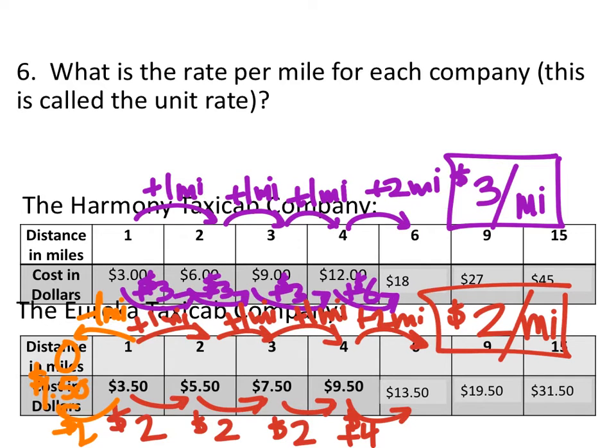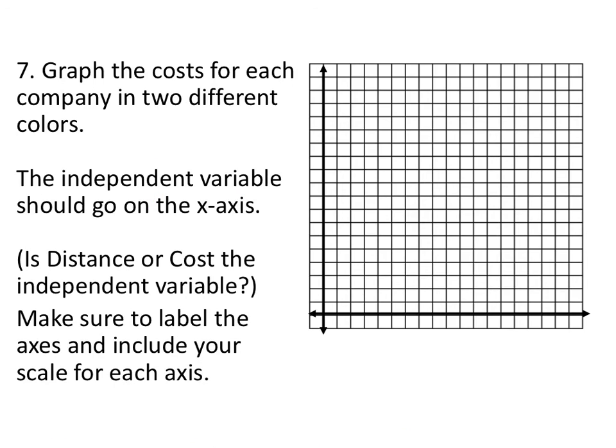And this one's only asking for the dollars per mile, and so $2 per mile. So it's just like what you're saying, right? Like if you wanted to say, I'm going to go for 4 miles, okay, 4 miles, $2 per mile, that's $8, and then add that $1.50, so the total ends up being $9.50.